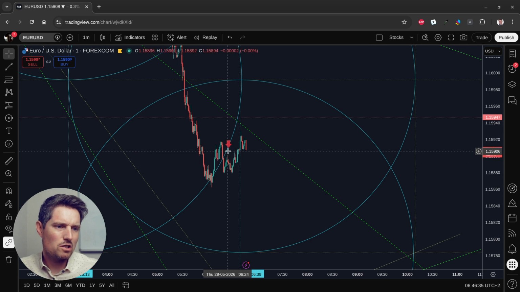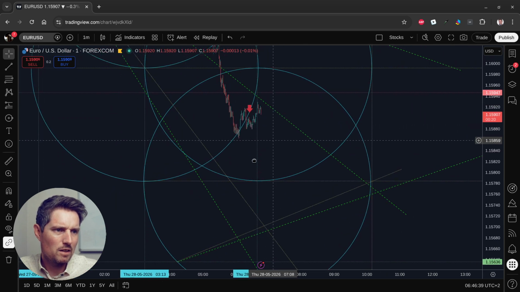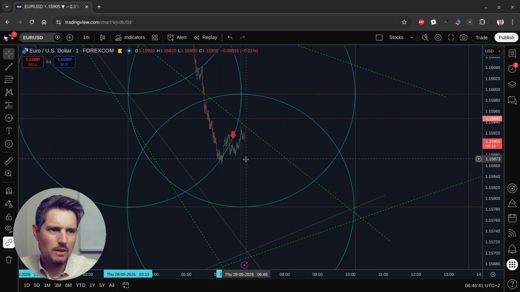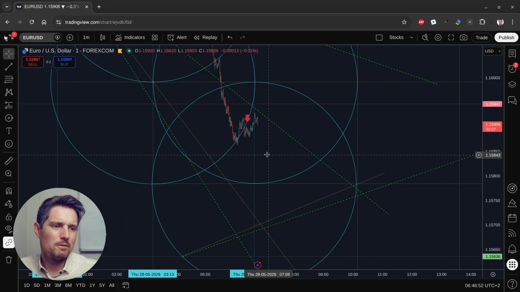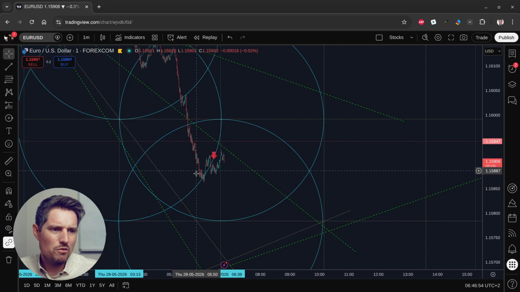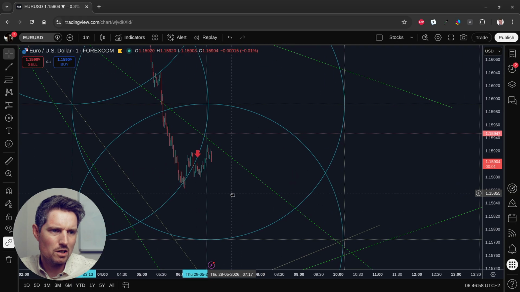All right, so we actually took a position here because we definitely believe that price will drop further. This drop, however, isn't sustainable for the rest of the day. I don't think it's going to drop forever. I also don't think that this was the end of the move, so I think it's going to move further.